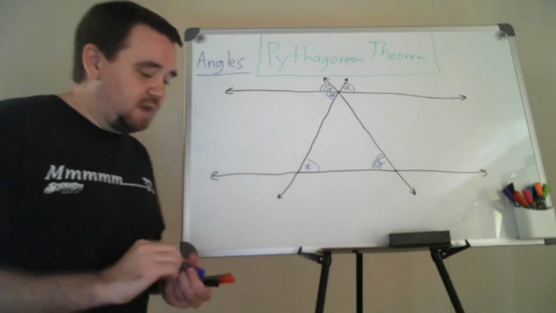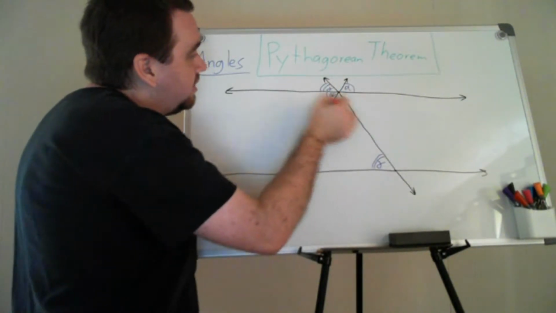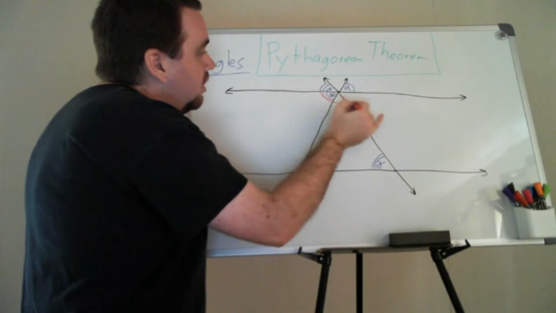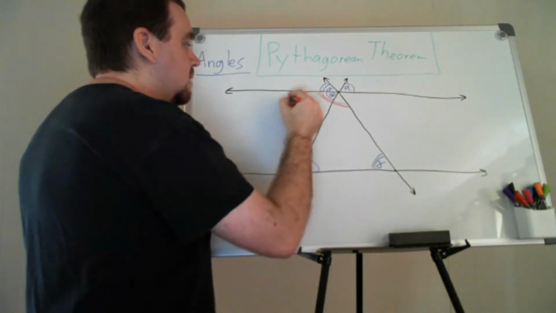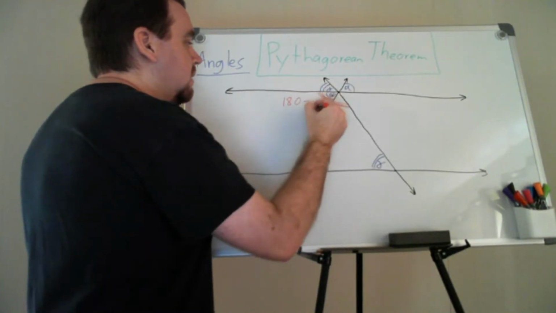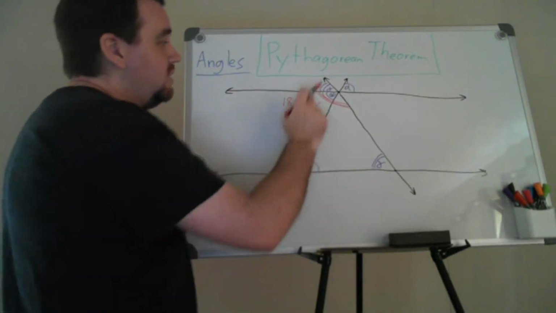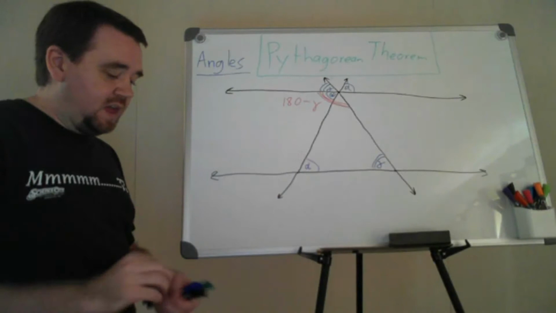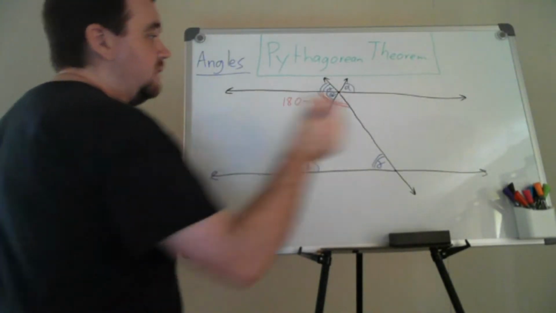And again, using my logic of straight angles, I know from here to here must be 180 degrees. So I know that this distance must be what's left over, which must be 180 minus gamma. And then again, using the exact same logic, I know this distance is 180 degrees. And so since this is 180 minus gamma, this must be what's left over.